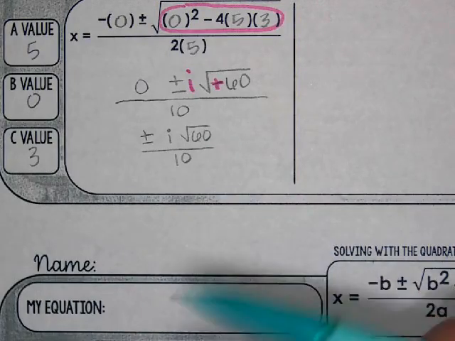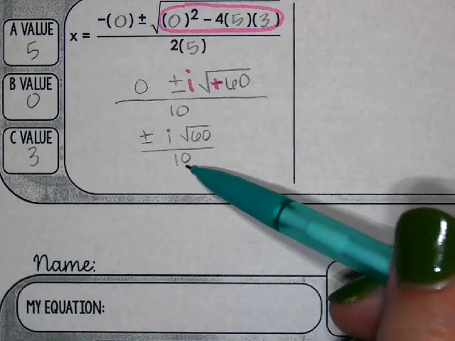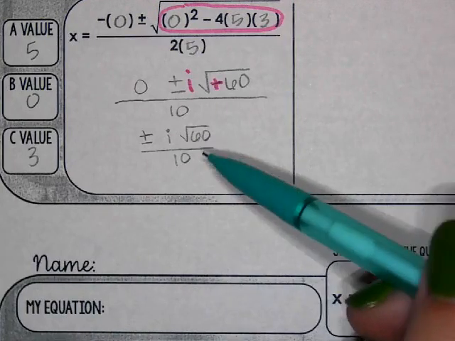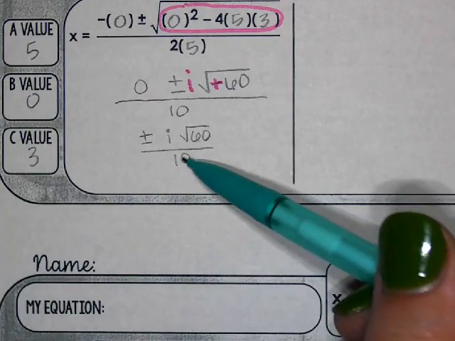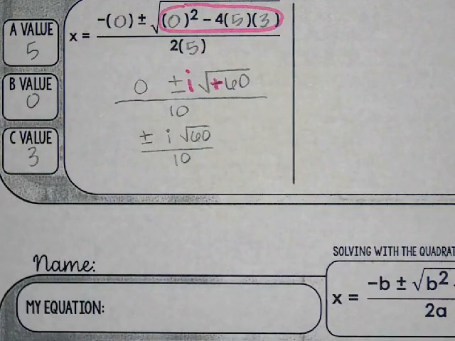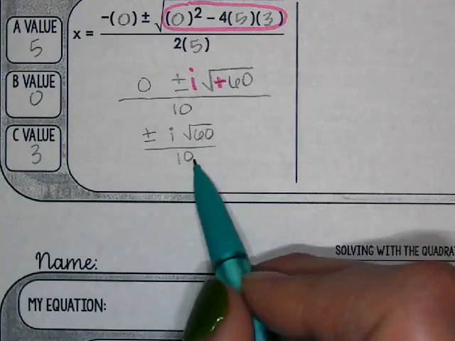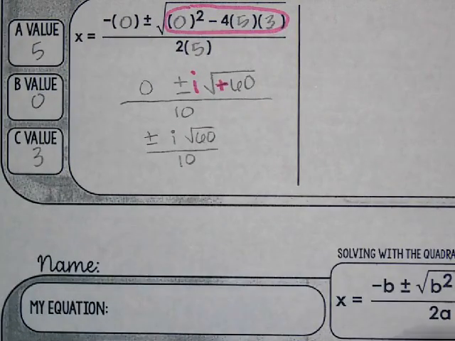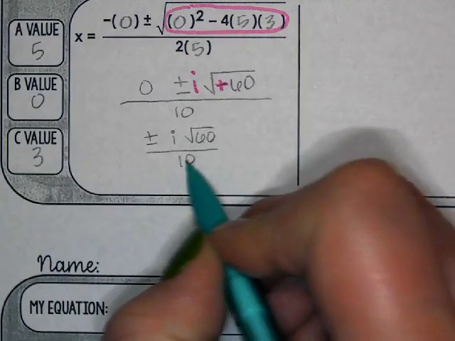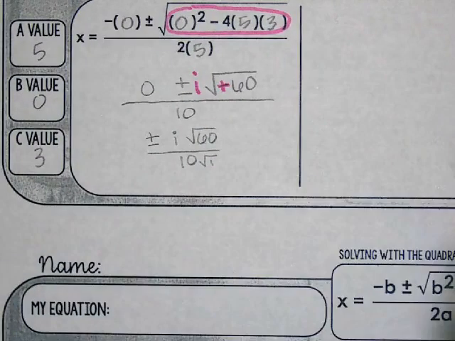So the 10 could only reduce with the 60 if they were either both outside of a square root or both underneath a square root. Does that make sense? So if I wanted to express the 10 in terms of square roots, the 10 right now would be 10 square root 1, if I wanted a square root to be in that part of the problem.